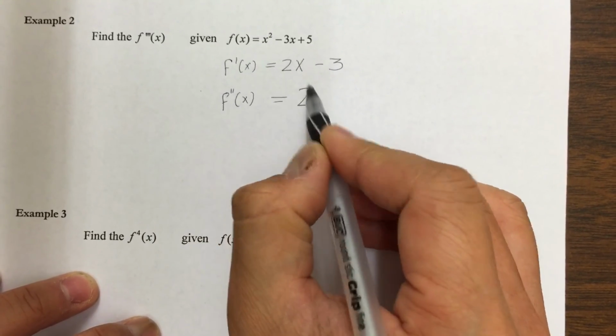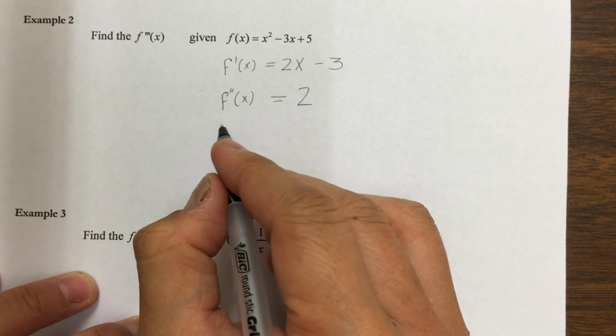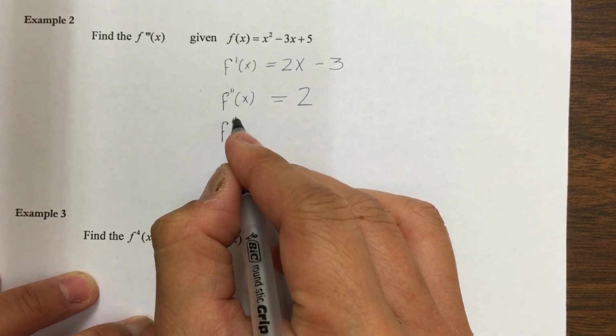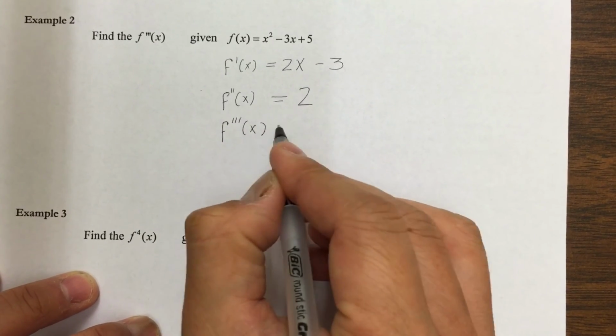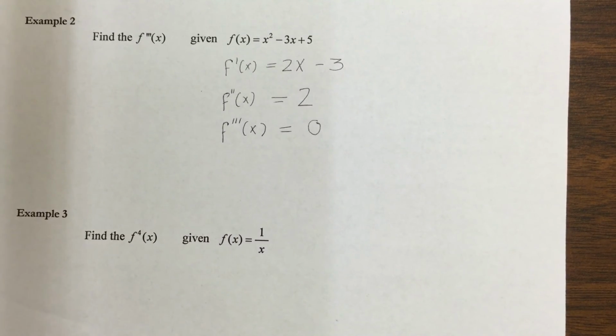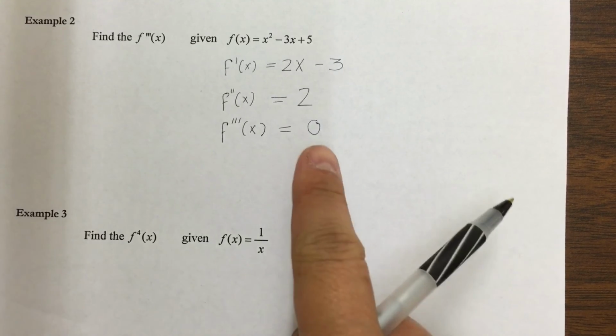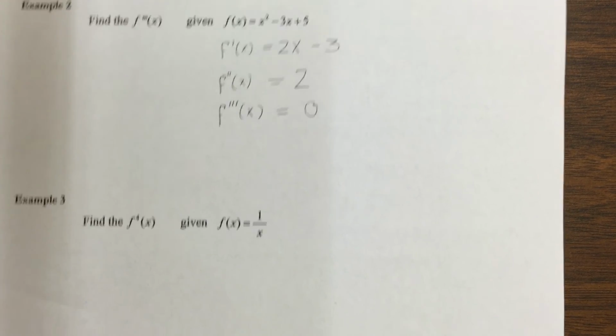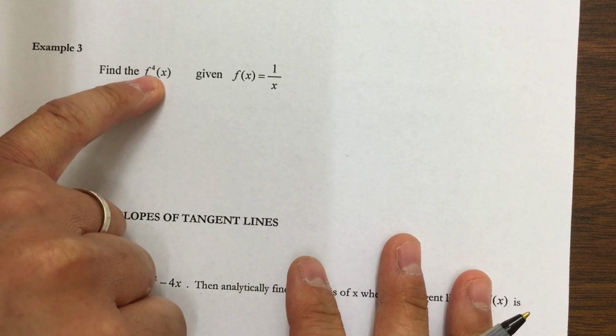That would give us 2, okay? And then find the third, and that would give us 0. All right, so the third derivative is equal to 0. There we go. Awesome.